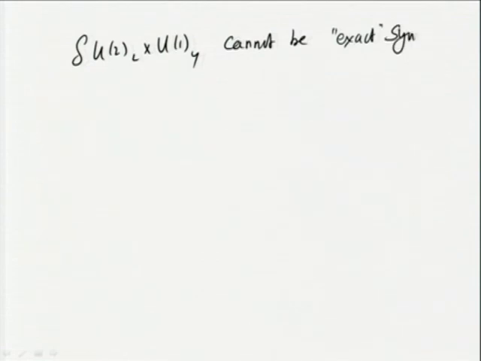And we saw also that SU2L cross U1Y cannot be an exact symmetry, because there are masses for all these particles, and to generate the mass for these particles we need to break the gauge invariance. So, we cannot add any mass term explicitly to the Lagrangian and break the symmetry.